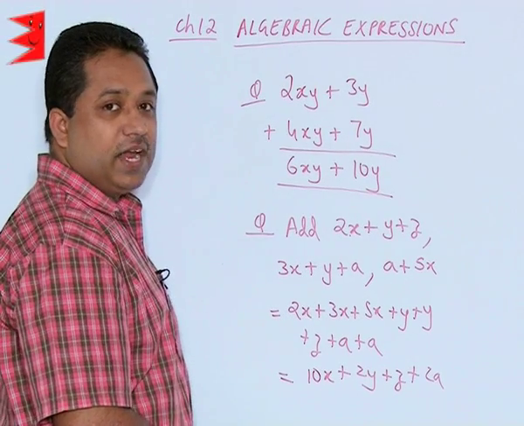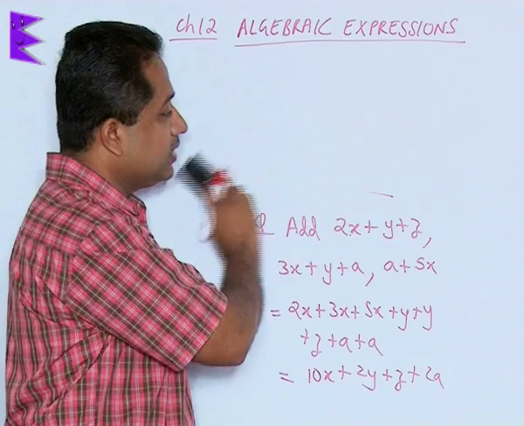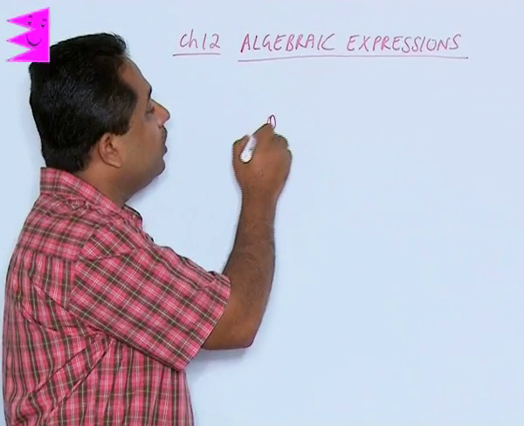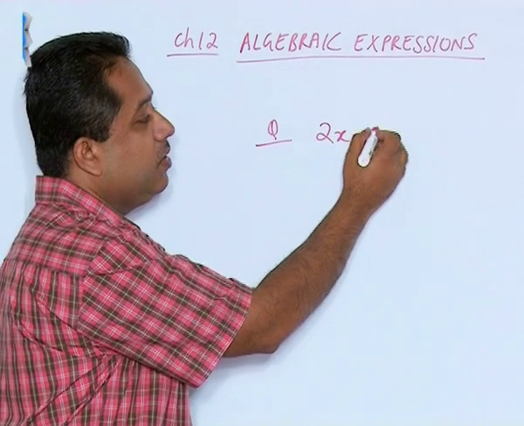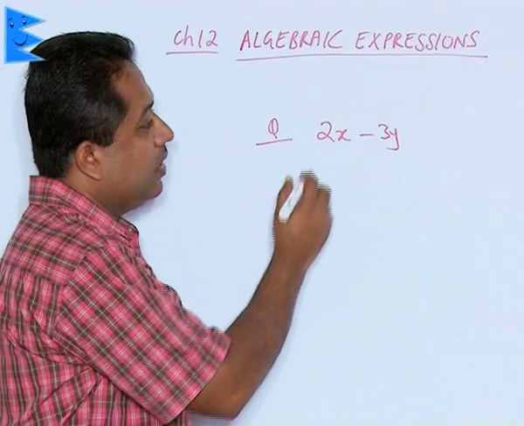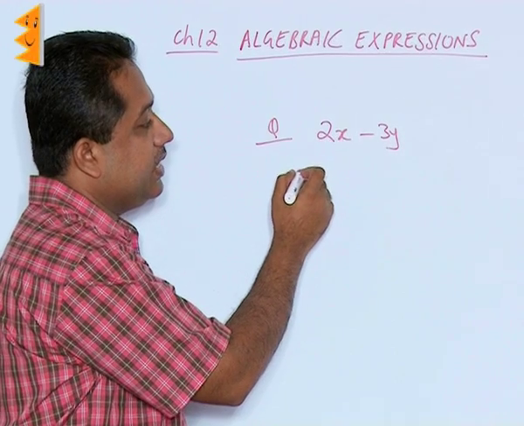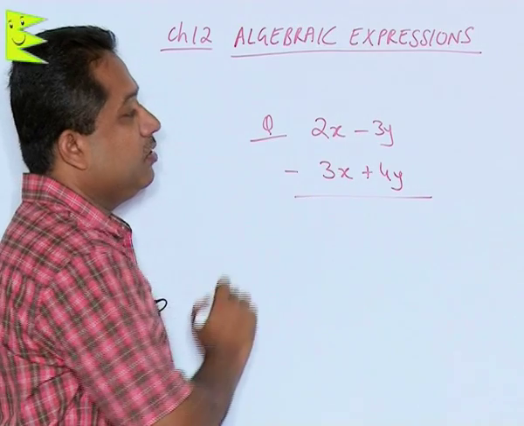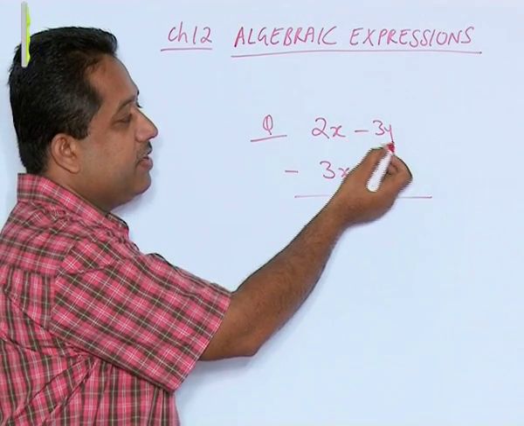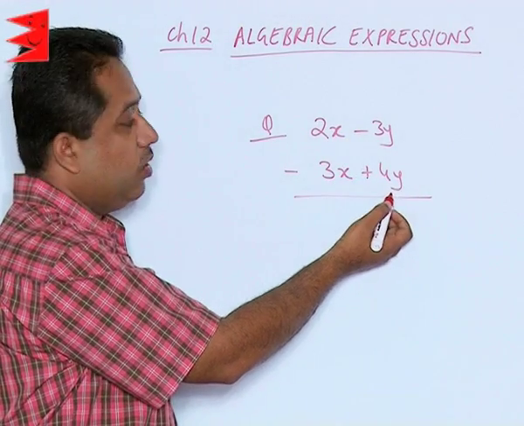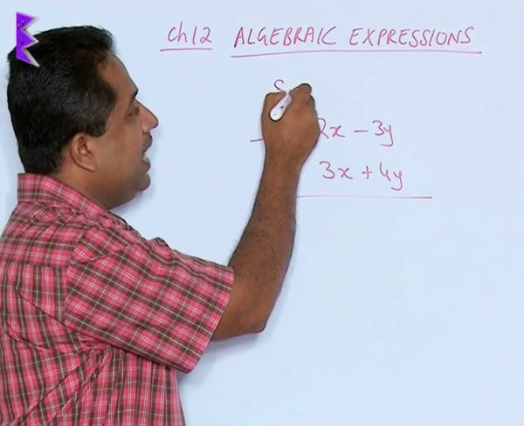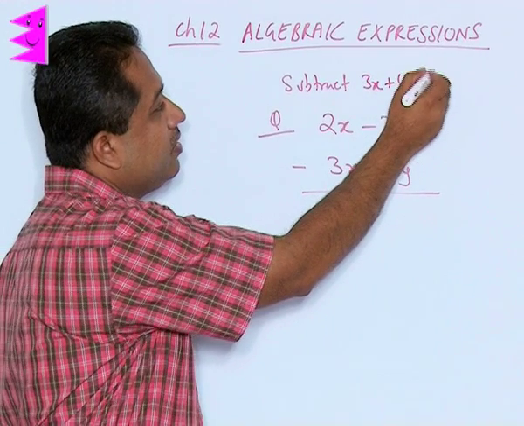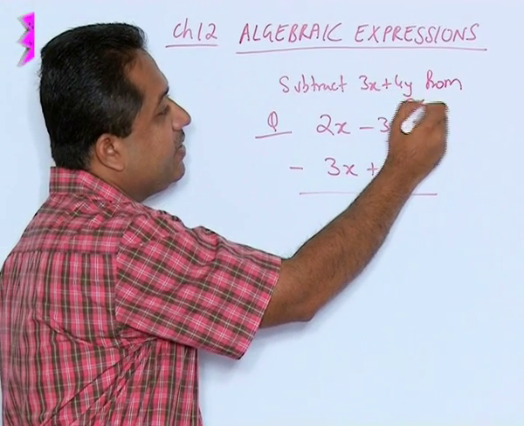Now, how do we subtract 2 algebraic expressions? Let us consider some examples of subtraction. Here we have the question: subtract 3x plus 4y from 2x minus 3y.